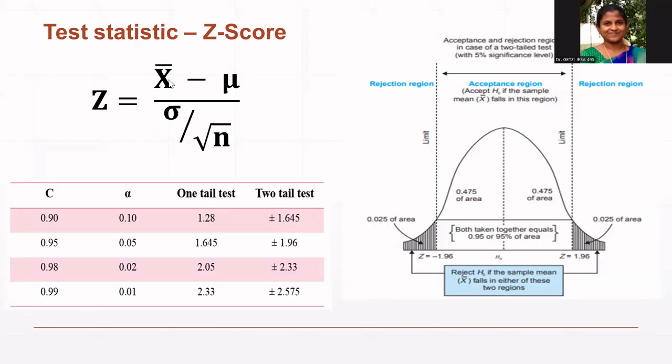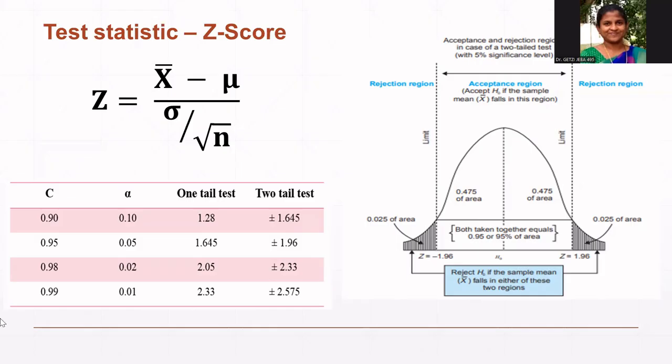Here x bar is the sample mean and mu is the population mean, and sigma by root n is the standard error. Sigma is the standard deviation and root n is the square root of the number of samples.